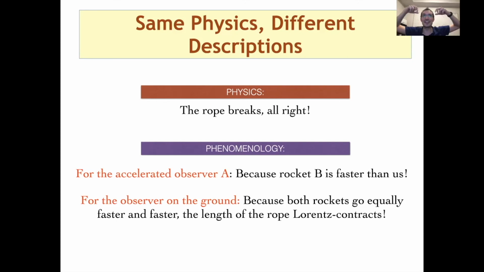And of course, the rockets are extending the rope longer than the length of the rope, and then it would break. So it's not that the Lorentz contraction breaks anything. That's not a force. Instead, the rockets are inducing tensions. For the two rockets to be at the same distance from the inertial point of view, that needs to induce forces in the rope that would break it.